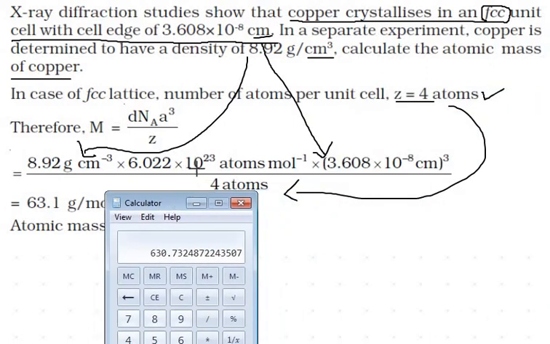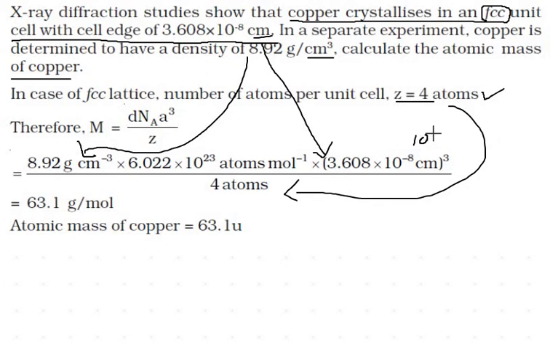This is 10 to the power 23 and 10 to the power minus 8 whole cube. So 8 3s are 24. So it becomes 10 to the power minus 24. Here this will become 10 to the power minus 24, this cube value. And if you have a simplified form, then this will become 10 to the power minus 1.